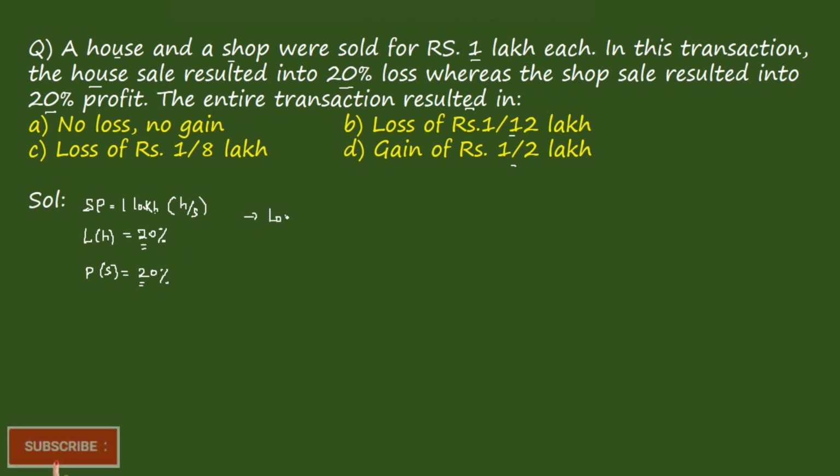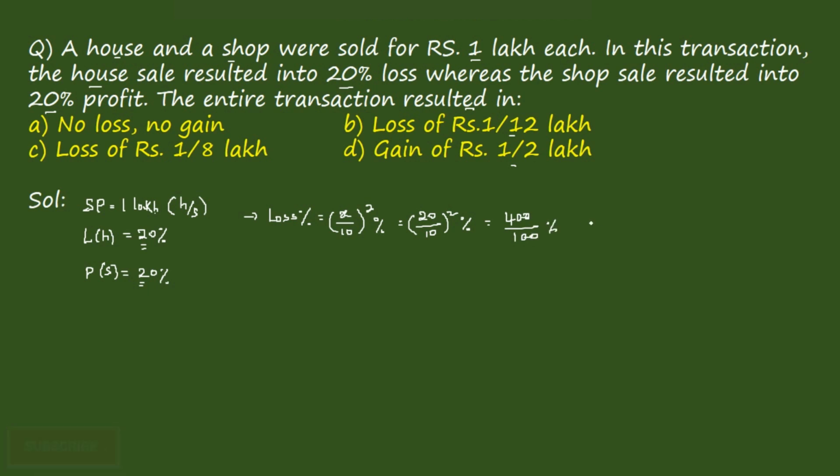So the loss percentage we can directly find, which is equal to (X by 10) whole square percentage, where X is 20 here. So it becomes (20 by 10) whole square percentage, which is 400 by 100 percentage.